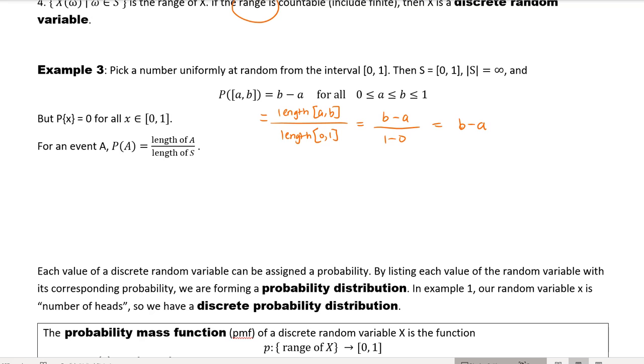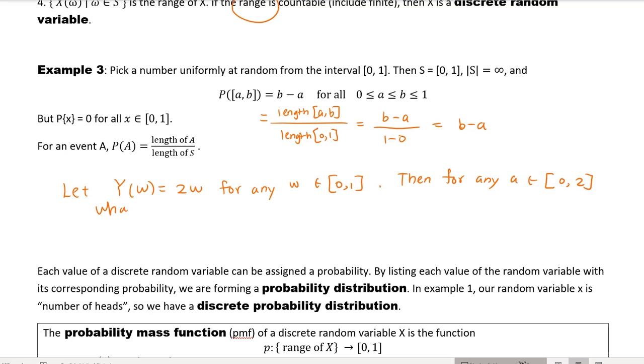Now let's let Y(w) equal 2w for any w in the interval [0, 1]. Then for any a in [0, 2], what is the probability of Y less than or equal to a?